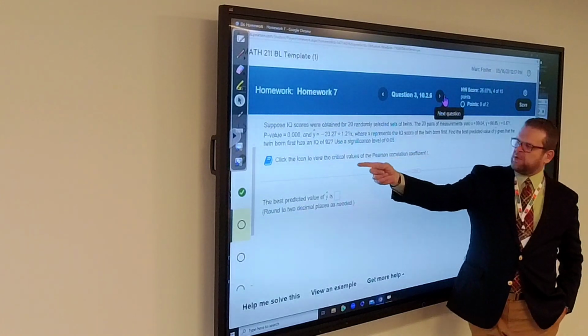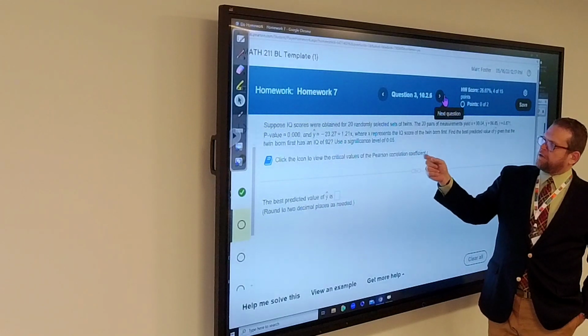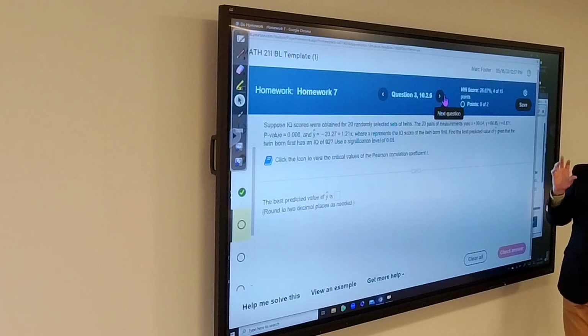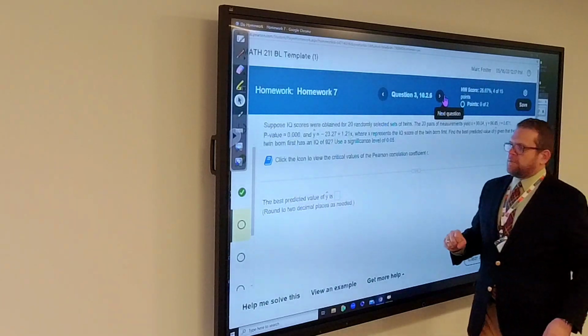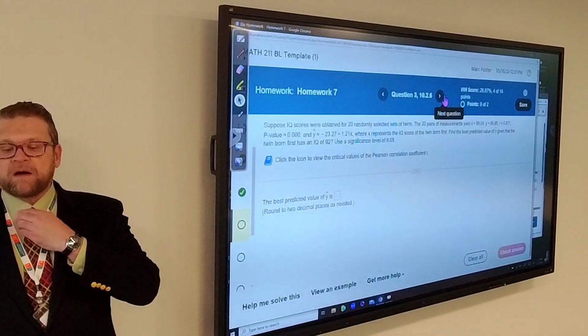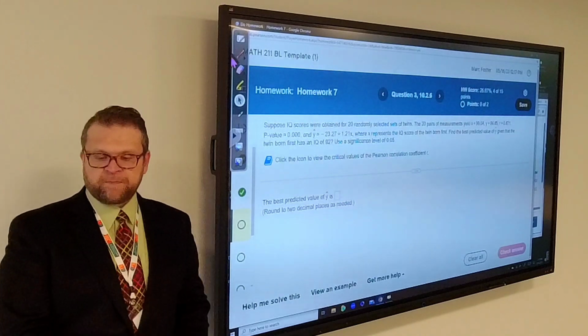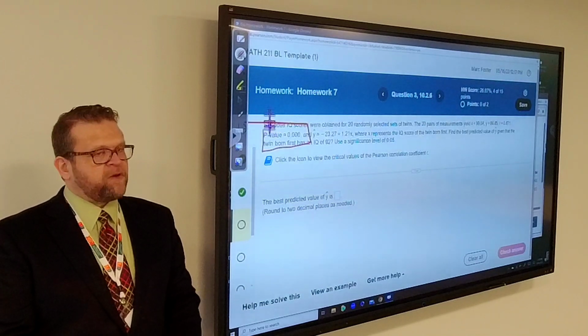But this notion of the critical values of the correlation coefficient is an older alternative to the p-value method. We'll only use it if they insist, but we don't need to and shouldn't here, because we have a p-value.